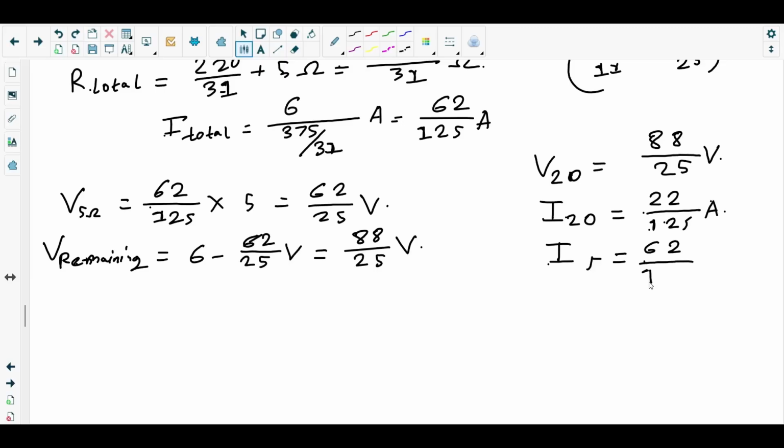So we got the current through this 5 ohm resistor.